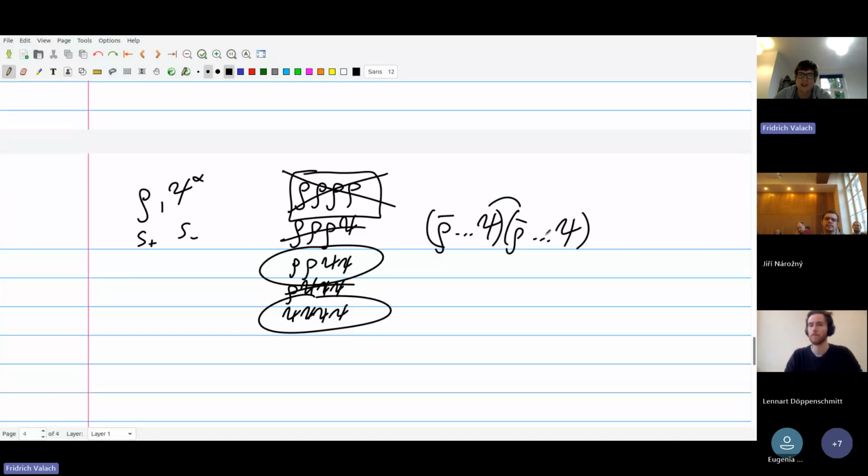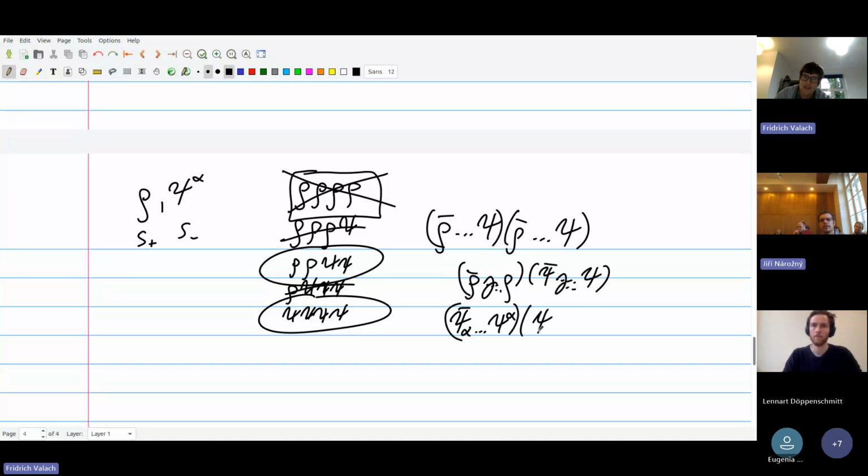So you can always bring it in a form that has rho bar something rho, psi bar something psi, for some number of gamma matrices in between. Or in this case, psi alpha something, psi beta, psi beta. So these are the only 2 things that you can actually have.